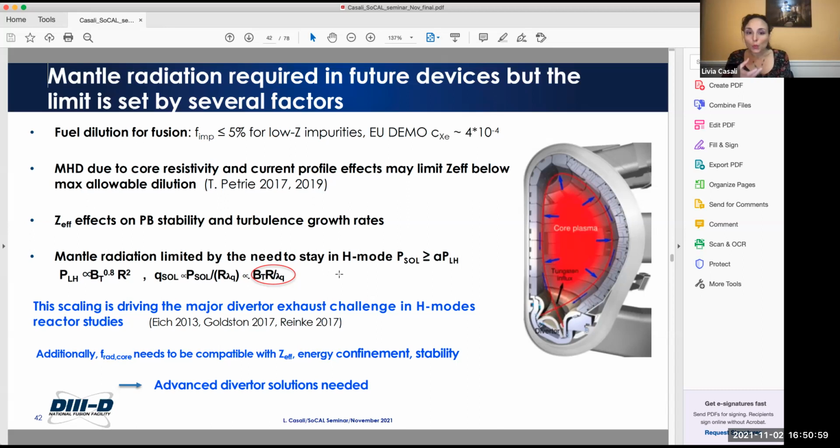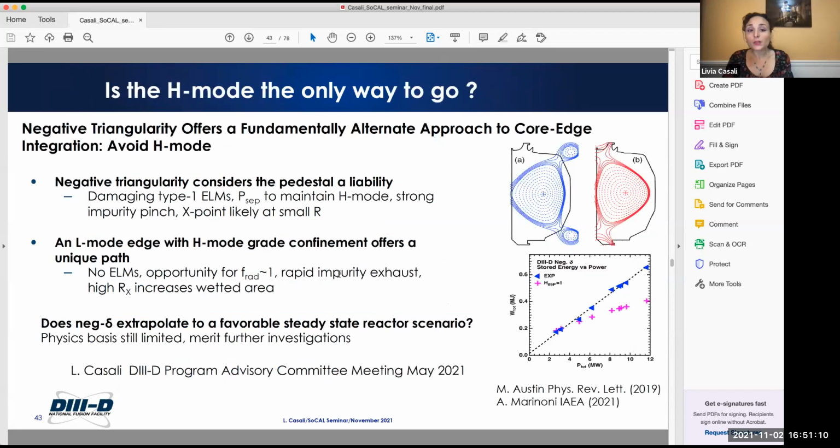This is the reason why we will need advanced divertor solutions, where by advanced, I mean also expensive solutions. These lead the community to ask ourselves if the H mode is the only way to go.